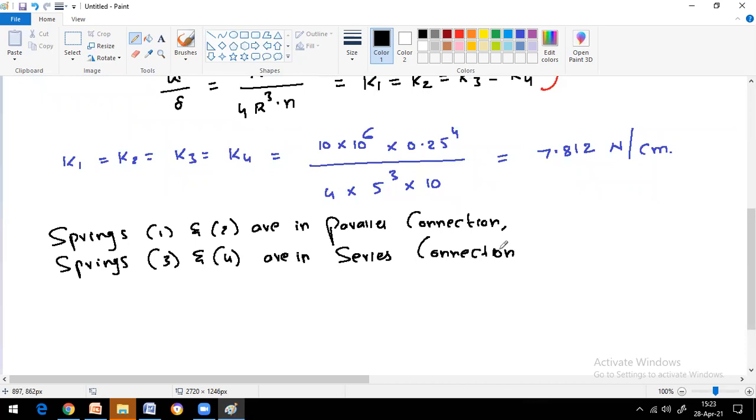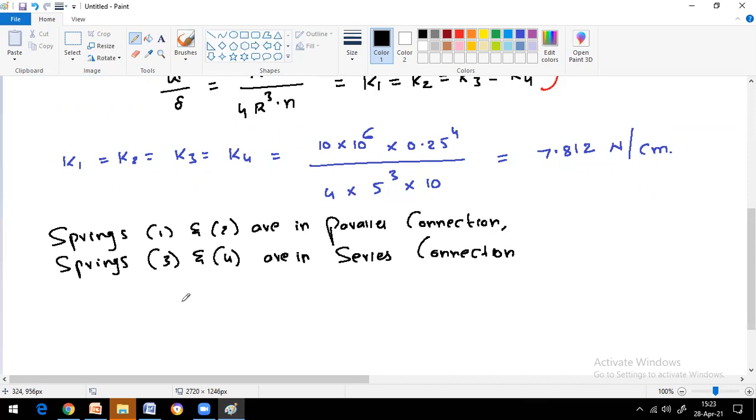As K1 equals K2, the spring constants of K1 and K2 are the same, so I can sum them together. When K1 is equal to K2, the first 2 springs which are connected in parallel will be 2 times K. Even in the series also it will be the same.